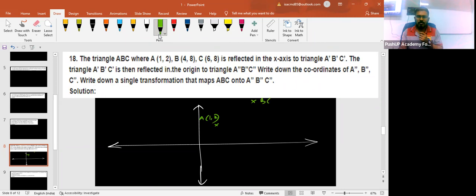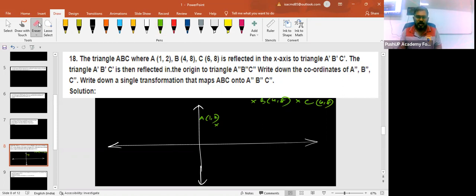Third one is C (6, 8). 6, 8 means somewhere over here.